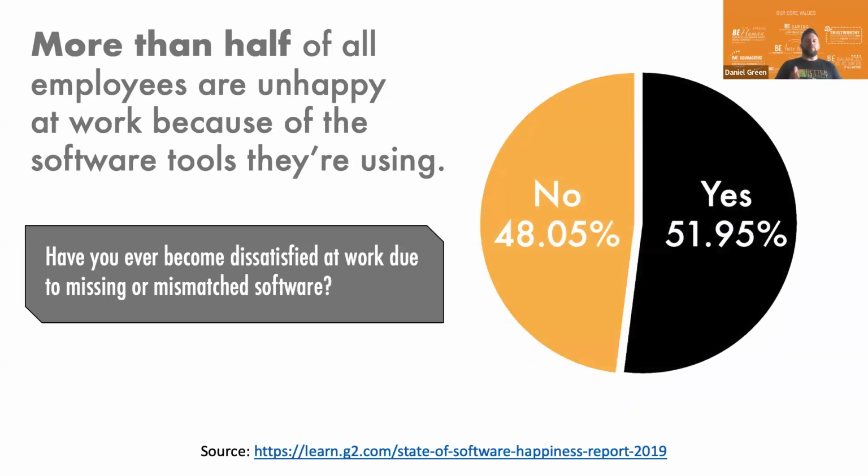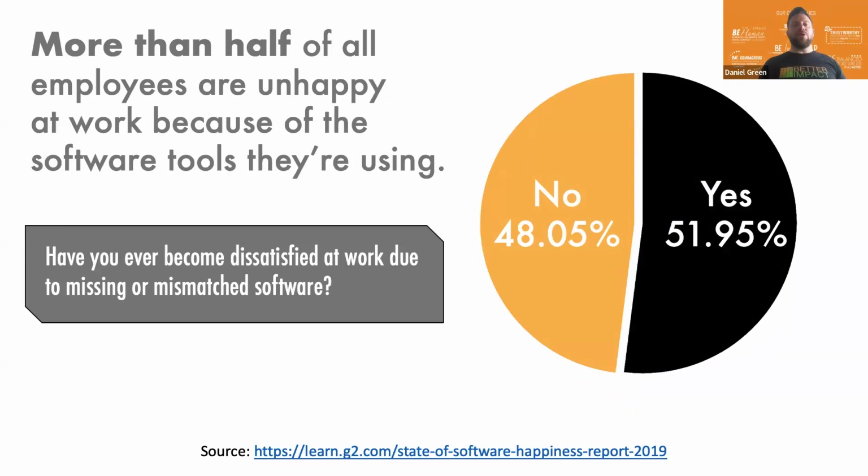So did you know that more than half of all employees are unhappy at work because of the software tools they're using? Well, 51.95% says yes. Have any of you ever become dissatisfied at work due to missing or mismatched software? Being provided the right tools to perform the job plays into our level of job satisfaction.